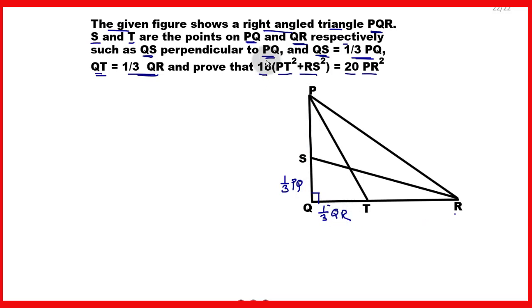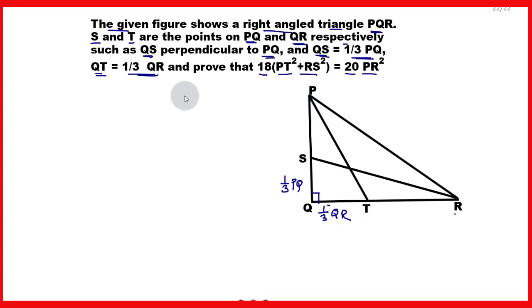And we have to prove that 18 into bracket PT square plus RS square close the bracket, which is equal to 20 PR square. So friends, here first we will take that triangle PQT.